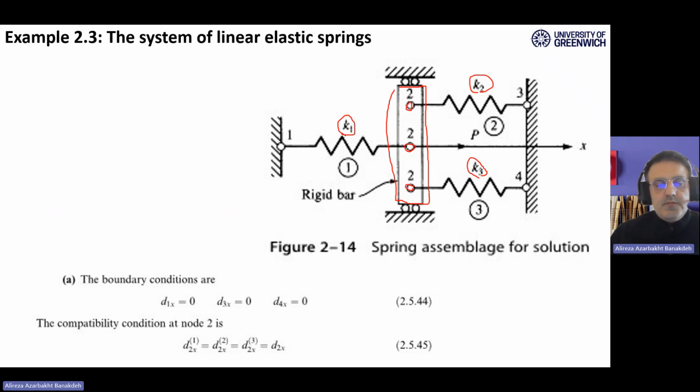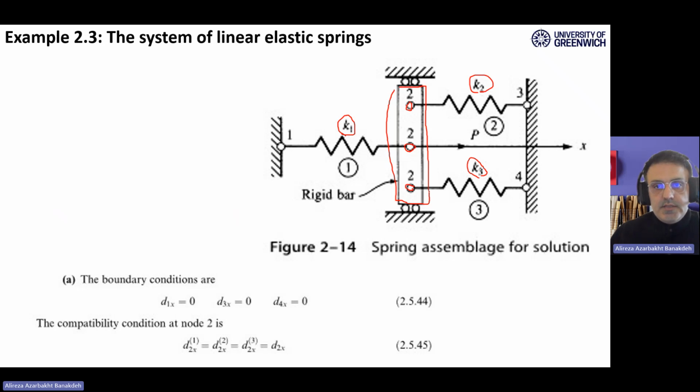forces all of these nodes to deform in horizontal direction. As you remember, I said for the springs, we only have deformations along 1 degree of freedom, which is horizontal. I mean, not every time horizontal. I mean, the direction of the spring, whatever it is. If the spring is vertical, so the deformation will be vertical.